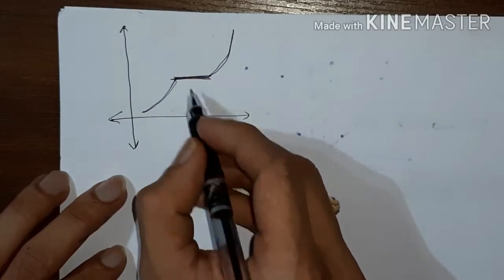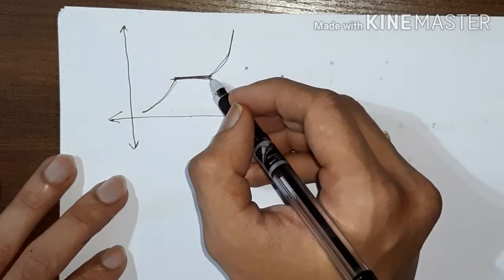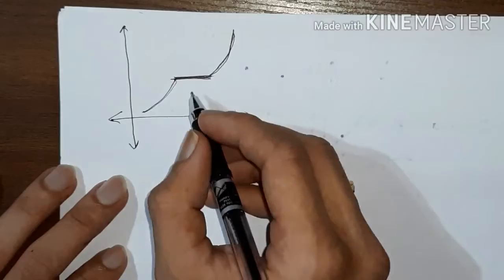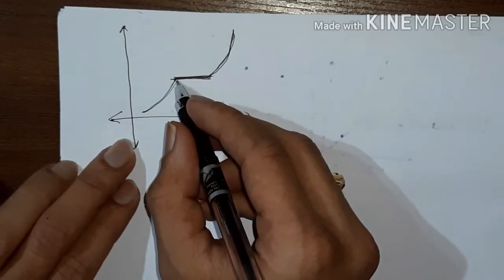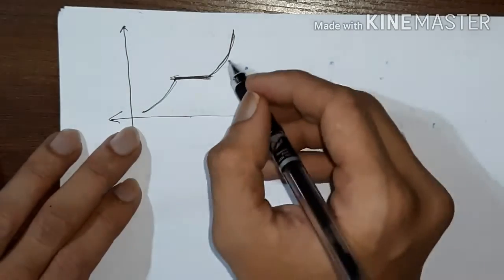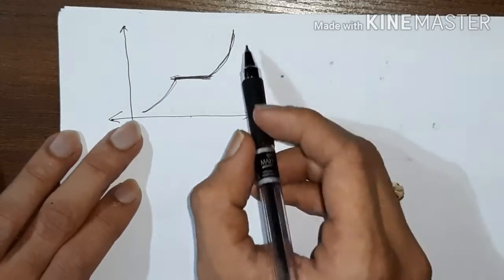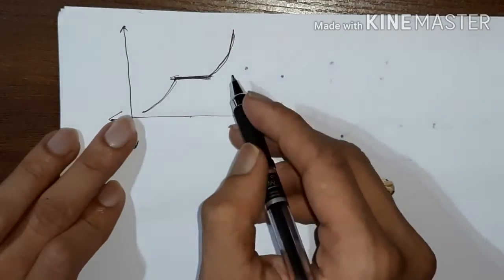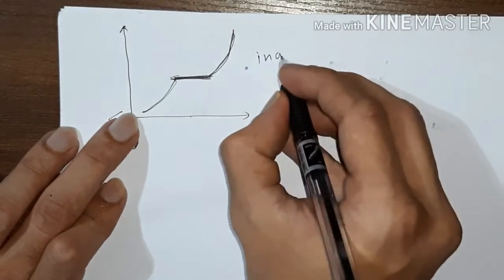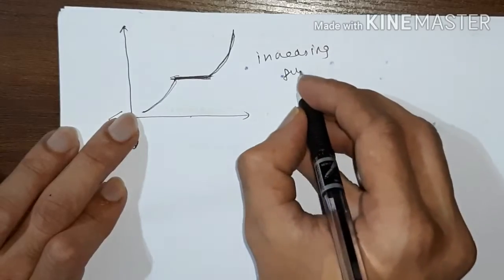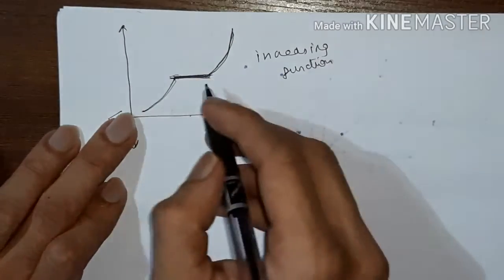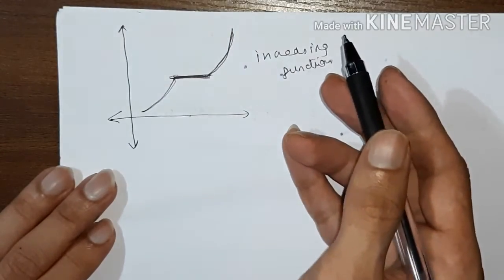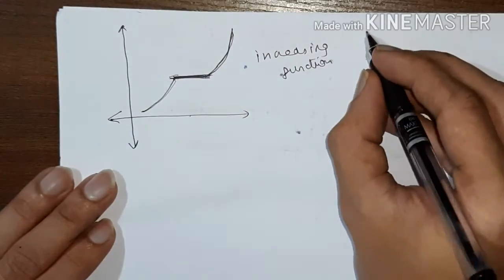A horizontal line parallel to the x-axis means a constant function, then it again increases. So here you cannot say that the function is strictly increasing, you can only say that the function is increasing, all right. If the function increases, is constant for some points and again increases, then we say that the function is an increasing function.